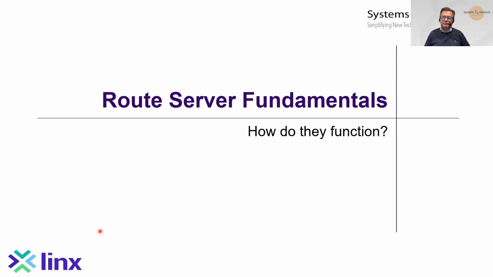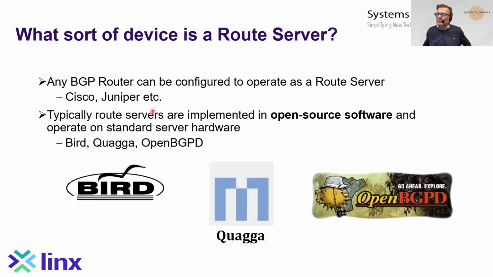But for now, I just want to provide some specifics about the way that a root server behaves, and how it might behave differently, for example, compared to an ISP's or a business or an enterprise BGP router. Really, any router that's capable of BGP can be set up as a root server. But a root server behaves in a slightly different way to the way that a standard BGP peering router would behave.